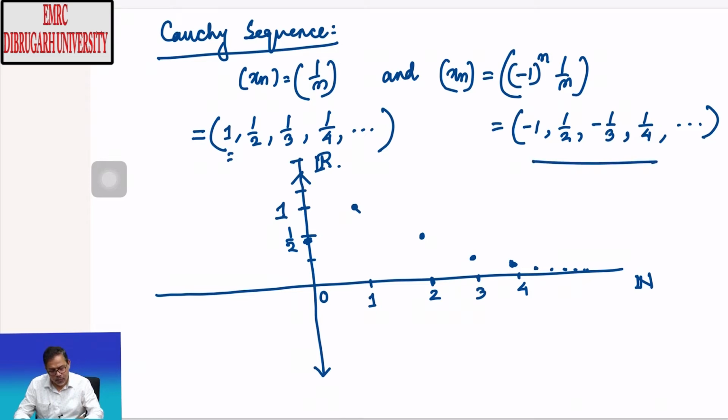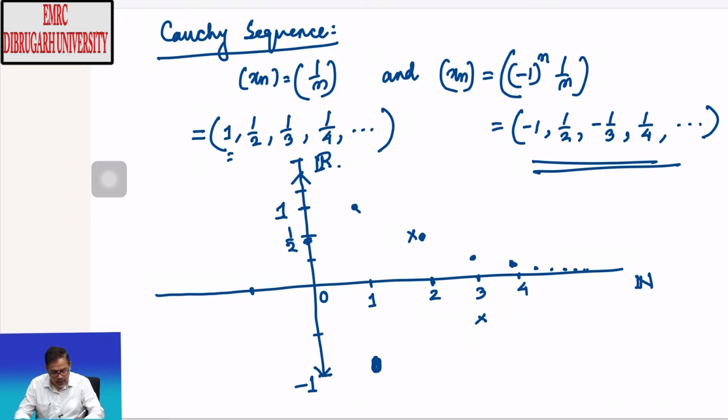Similarly, if I want to plot this, the first point is minus 1, the second point is half, that is this one. The third point is minus 1 by 3, so it will be somewhere there.